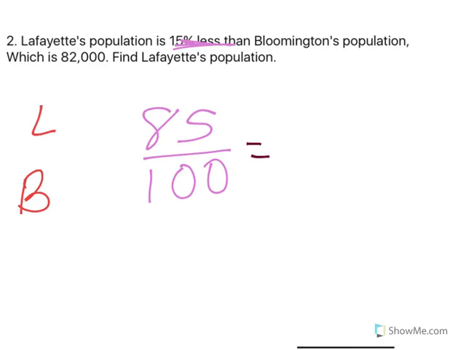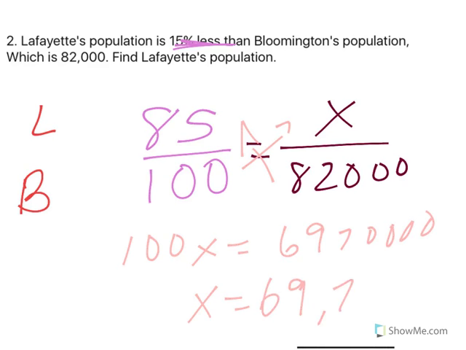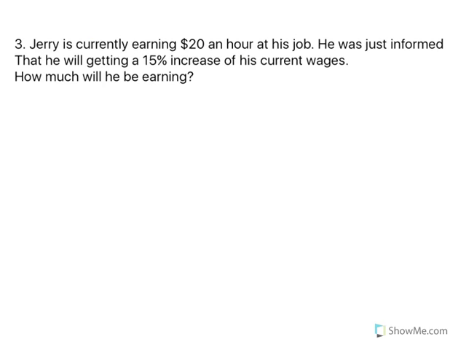So Bloomington's population is 82,000, so that goes on the bottom, and we're finding Lafayette. So we cross multiply. 100x equals 697 with 4 zeros. Divide both sides by 100, and we get 69,700. Makes sense that that number is less than 82,000 because Lafayette has less people than Bloomington.